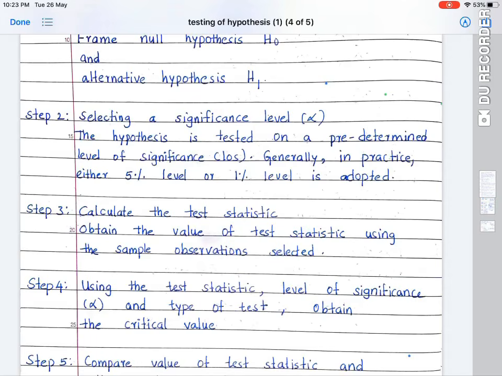For example, maybe we could take a research article and see how people have used testing of hypothesis and how the hypothesis has been framed. We will try to have a practical session once we finish this unit.